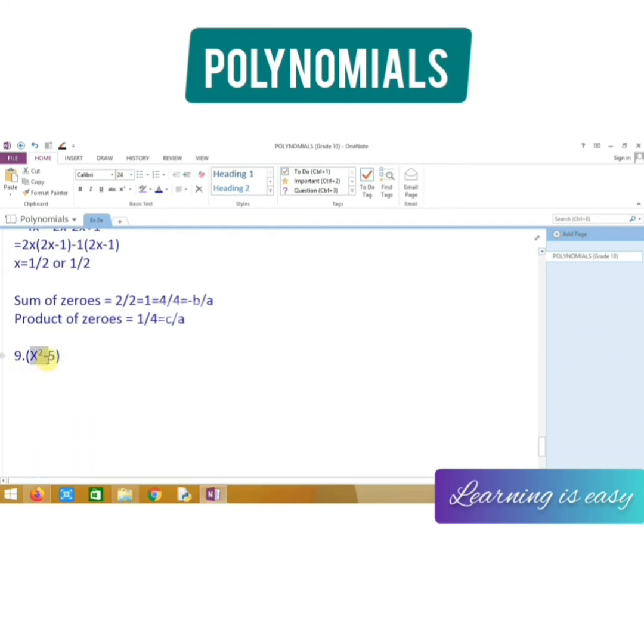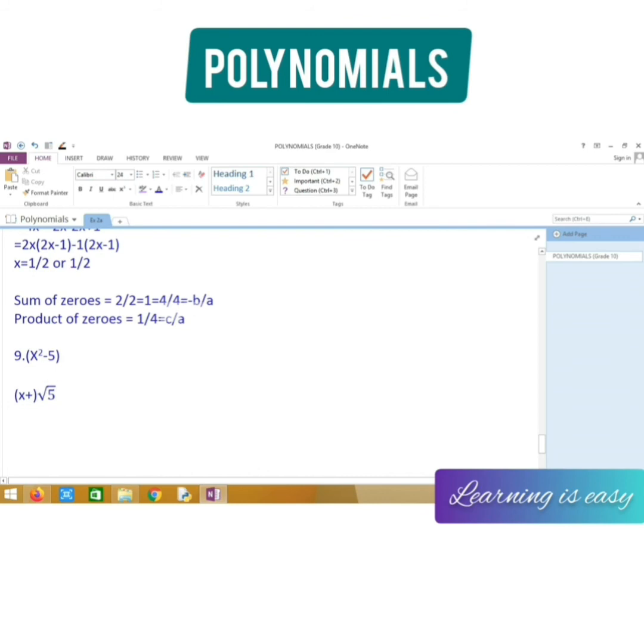Next question is x square minus 5. This is of form a square minus b square, which can be written as a plus b and a minus b. So in that way, value of b is square root of 5. Square root of 5 square is 5. So it is x plus square root of 5 and into x minus square root of 5.